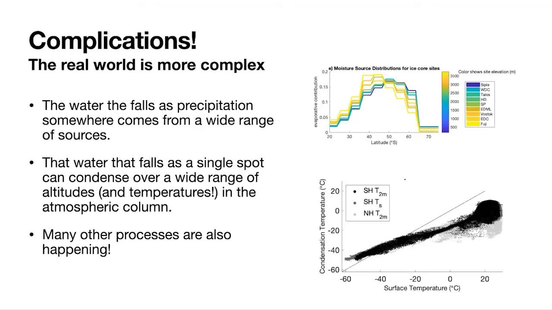These are just a couple of the complications. Turns out there's a whole bunch of other ones. There are many different processes driving water isotope fractionation during transport that I didn't really talk about. And then even after the water falls as snow over the ice sheet, it can sit there and potentially interact with the snow around it, especially as it gets buried deeper in the ice sheet, and also the atmosphere overlaying that snow.